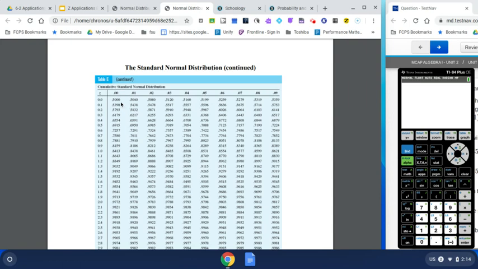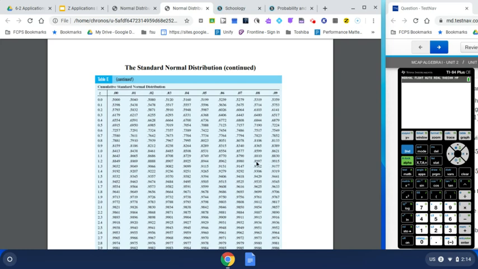I always start in the first column and I go down until I'm getting close to 0.9. Here it's between these two rows, 0.8849, 0.9032. I'm going to start here. If I move to the right, keep moving until I get to the closest possible value of 0.9.